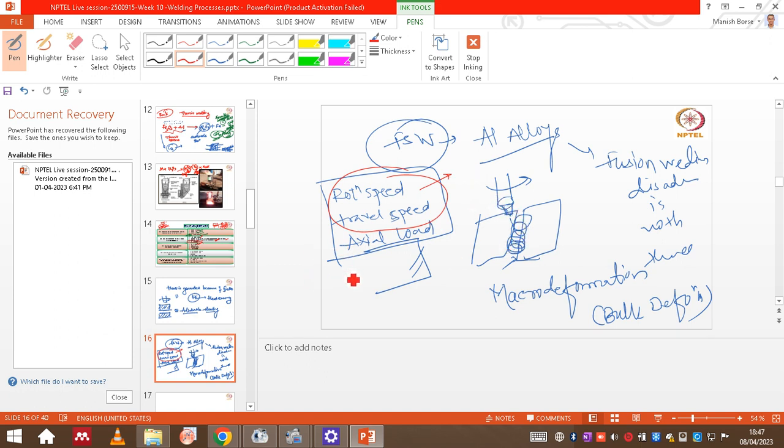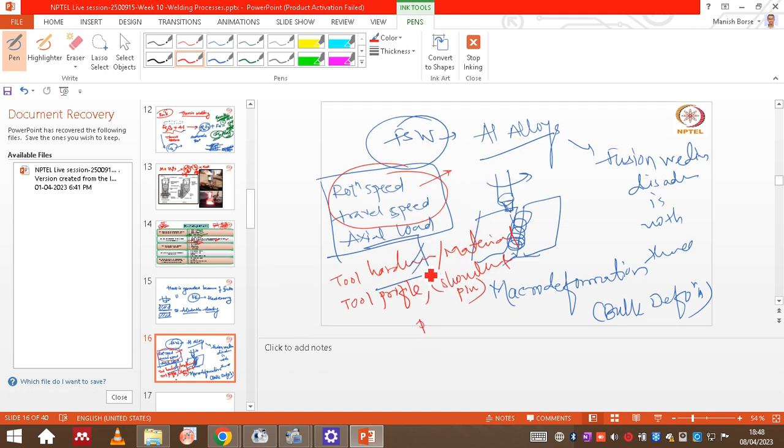There are also other factors like tool hardness or tool material, right? Also tool profile, here shoulder and pin profile. Okay, again the thickness of the plate will also have a certain influence, right? We can say plunge depth and thickness of the plate.